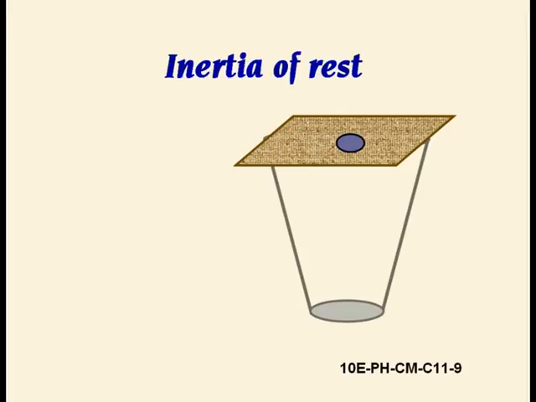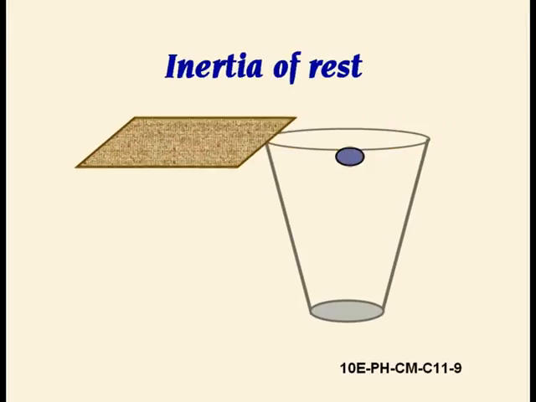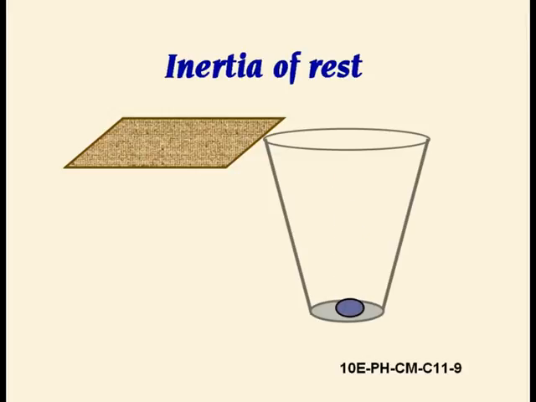When the cardboard is moved away from the glass, the coin falls vertically downwards due to gravity. Here, the coin did not move along with the cardboard because of the inertial property of the coin. It would try to remain at rest, but when the cardboard was moved away, the force of gravity changed the state of rest.